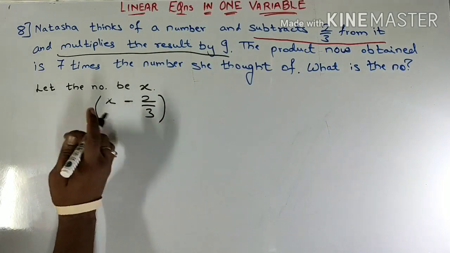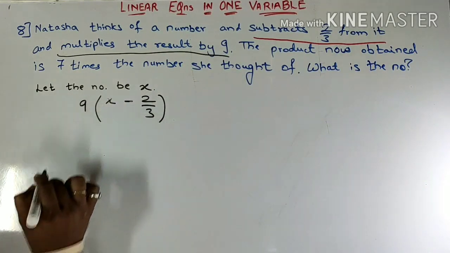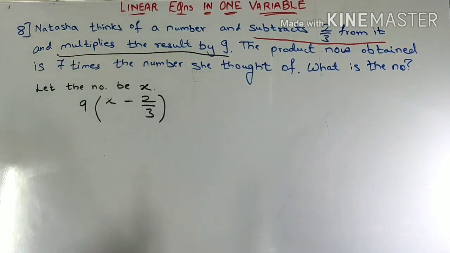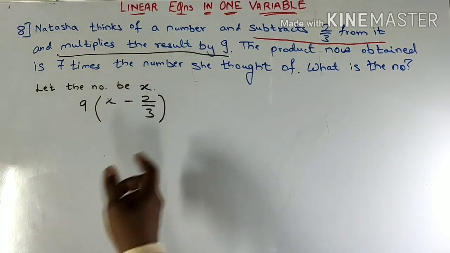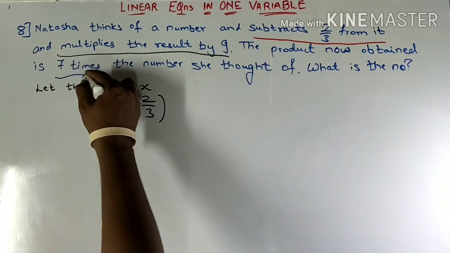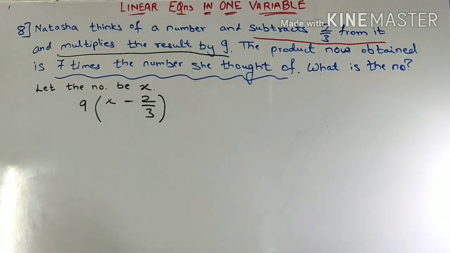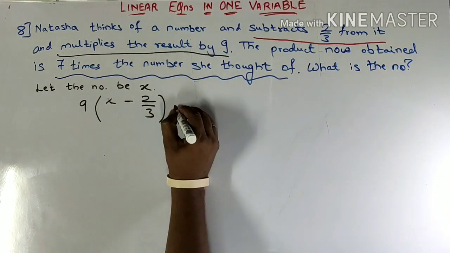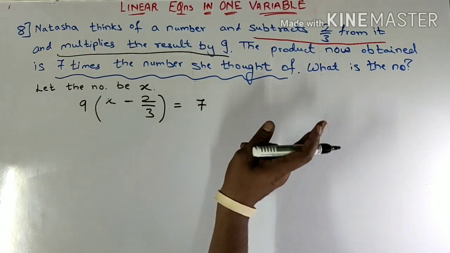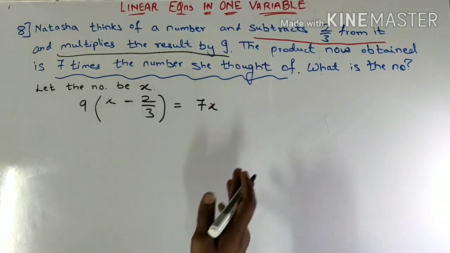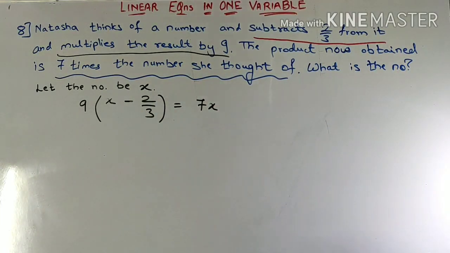So this is the result, multiplied by 9. The product now obtained is, now the next part, the product now obtained is equal to 7 times the number she thought of. What number did we assume? That is x. So this is my required condition.